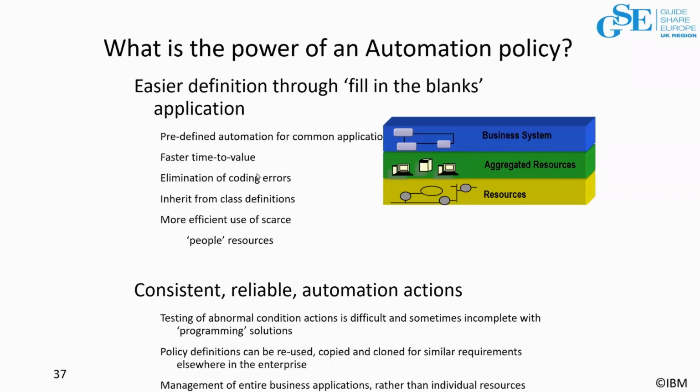Now people are scarce and they're expensive resources. So we want to get the maximum bang for the buck out of the people, and policy-driven automation helps with that process. And obviously, having a policy means it's consistent and reliable, because people aren't just making things up as they go along in scripts or whatever.